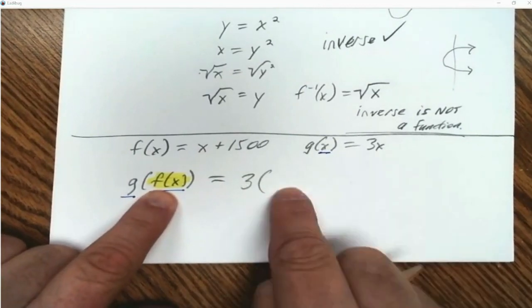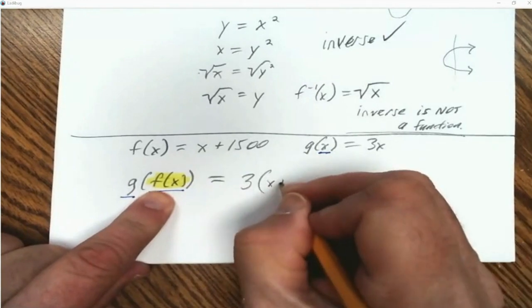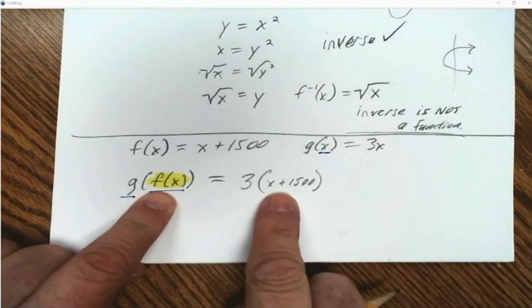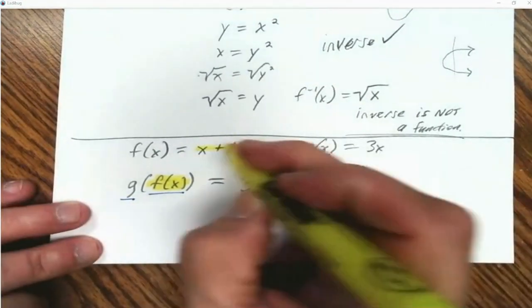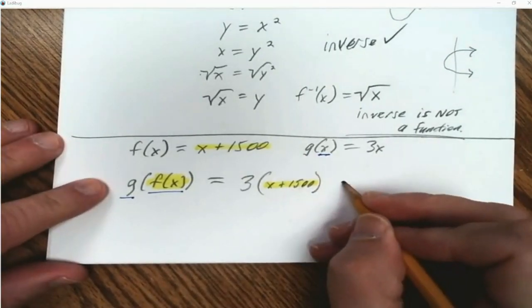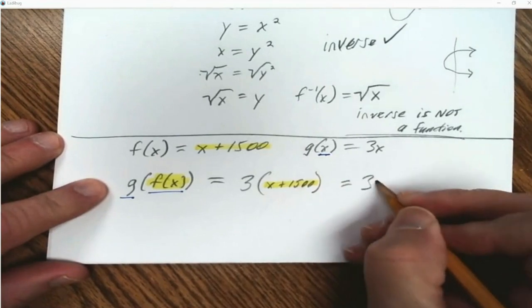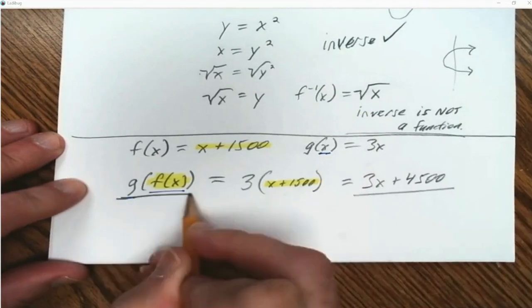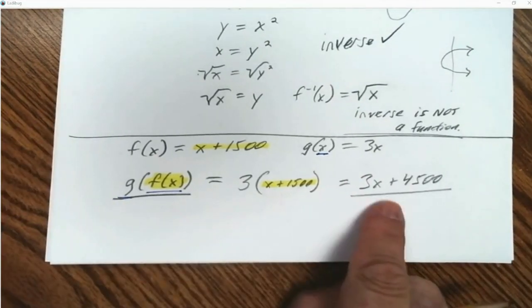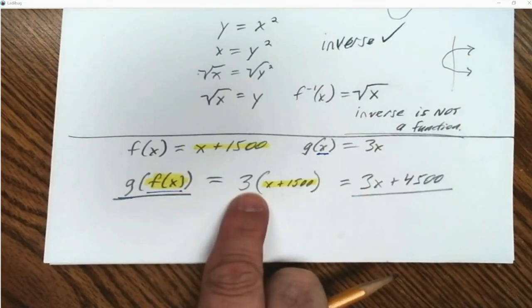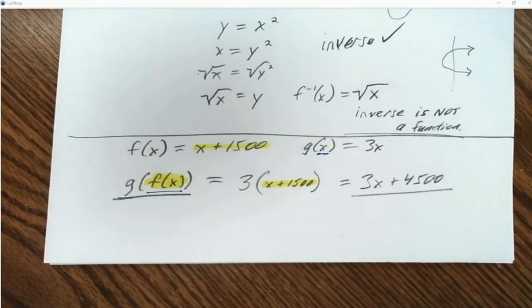Whatever used to be x is now x plus 1500, because that's what f of x equals. And so now that equals, get rid of the parentheses, 3x plus 4500. That's what g of f of x equals, because we just substitute what's inside the parentheses into the equation, and we get that.